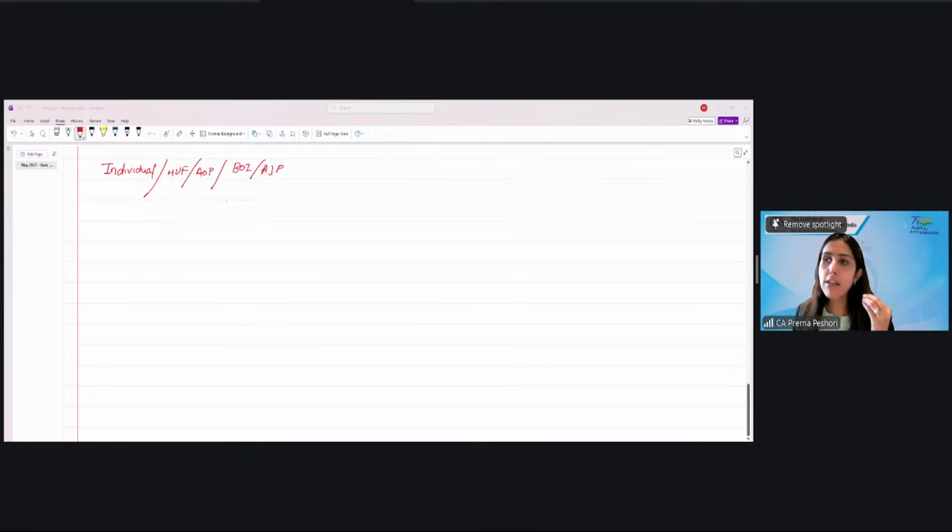So AOP is formed out of an agreement. Again, AOP and BOI are not defined under the Income Tax Act. You have to understand it in common parlance. AOP means when persons come together, they form an association, they form a joint enterprise, right?